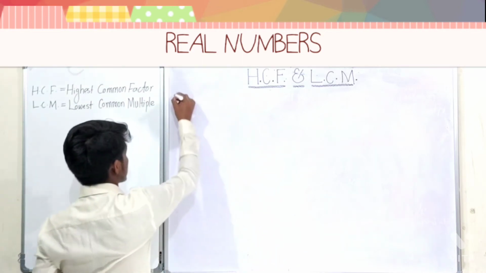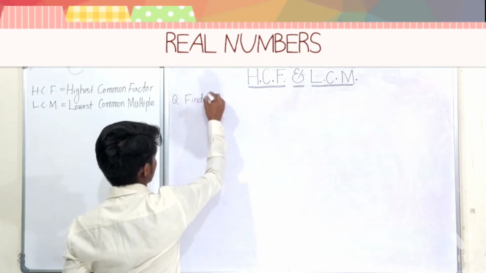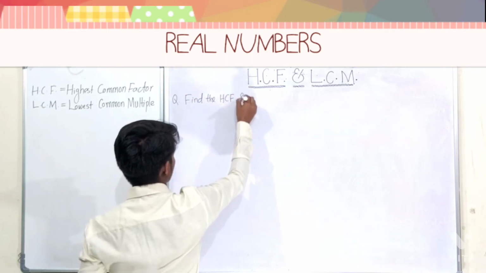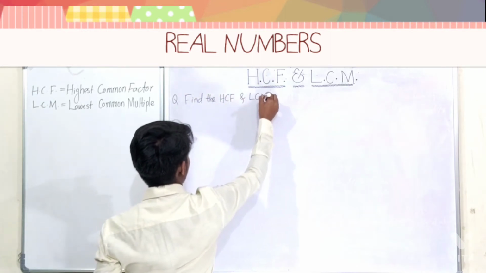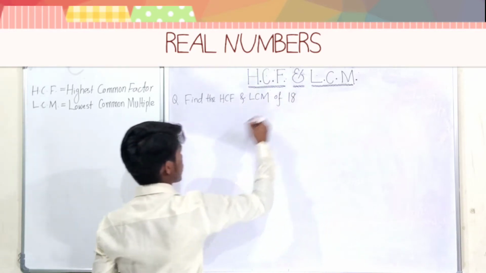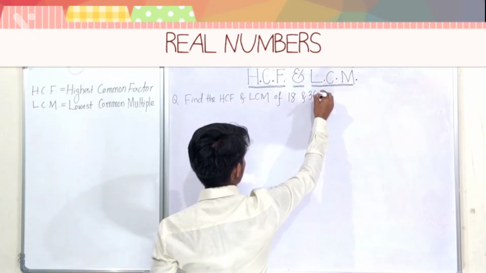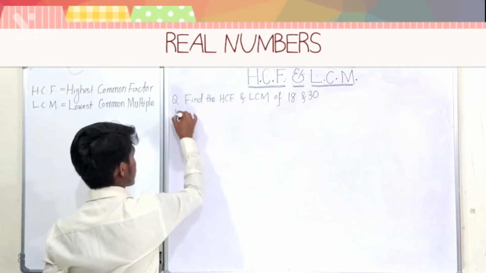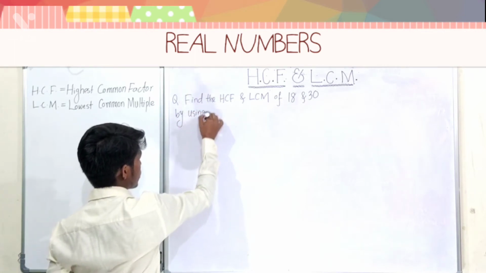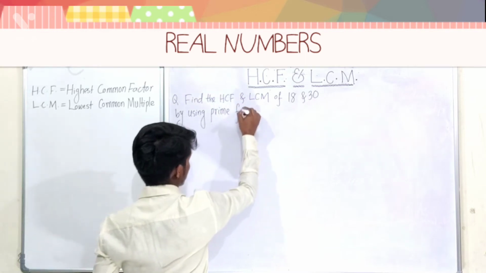Say the question given is: find the HCF and LCM of 18 and 30 by using prime factorization method.